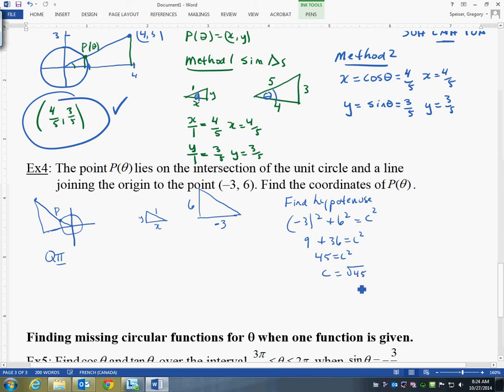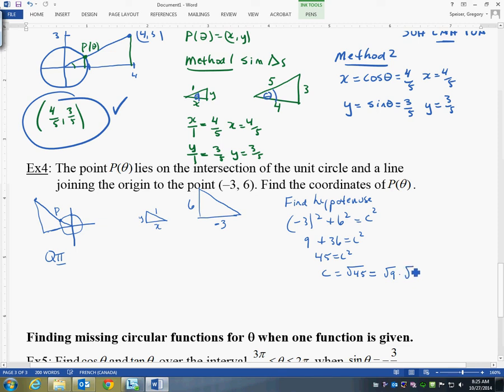Now we can leave that as root 45, and I know we haven't done too much work with radicals yet, but we can simplify this root 45. If you think of what's a square, like 4, 9, 16, 25, 36, what's a square that's a factor of 45? In this case, 9 is a factor. So 9 times 5.